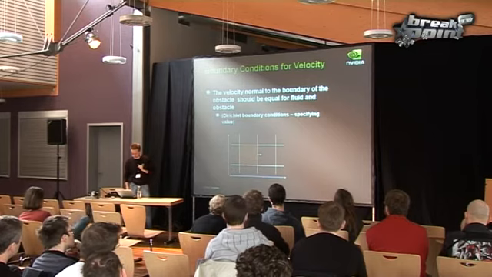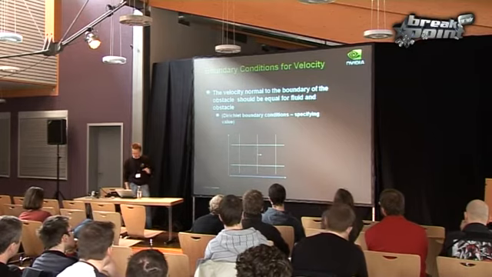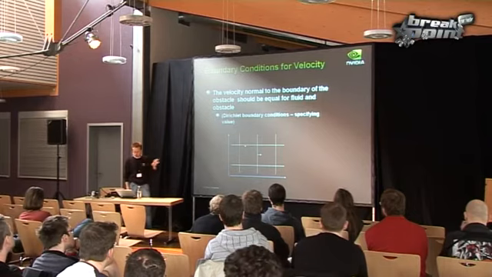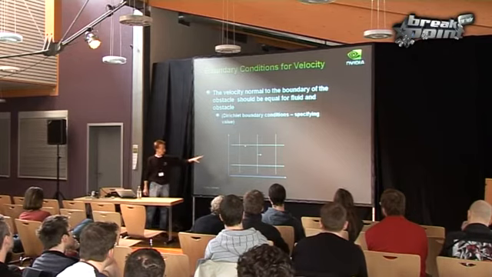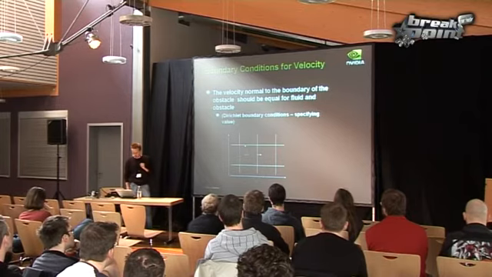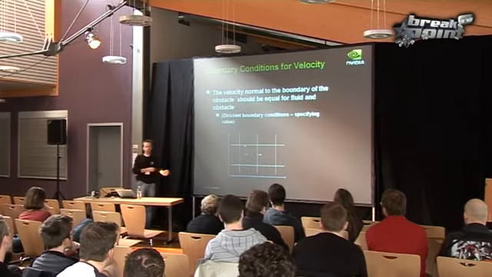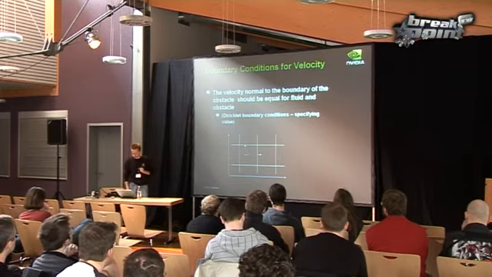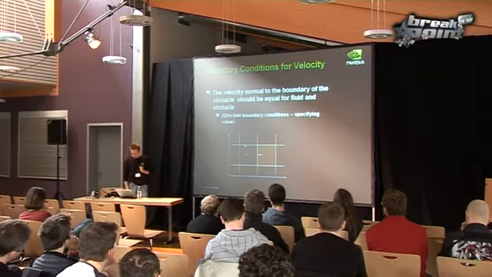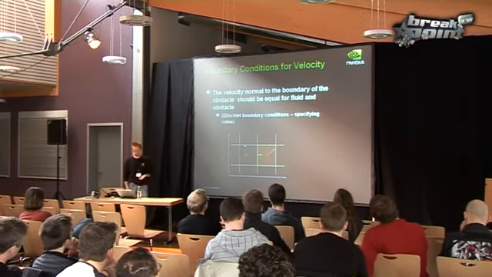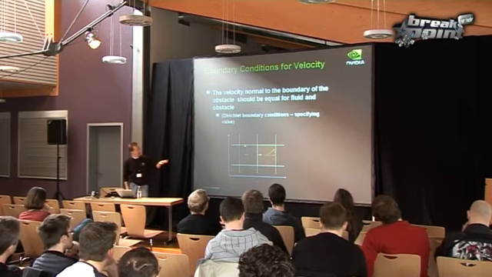I'll show you how it looks. If we have an occupied cell, which is to the left, let's say this cell contains some object which has this velocity illustrated by an arrow. We can decompose this velocity into two components. One component is along the normal direction, and another component is in the orthogonal direction. And then if we have a fluid in the cell adjacent to this one, which has its own velocity, we can similarly decompose it into two components.